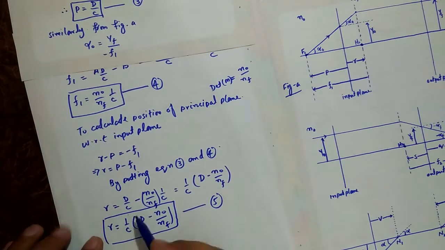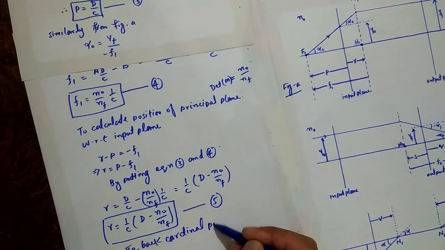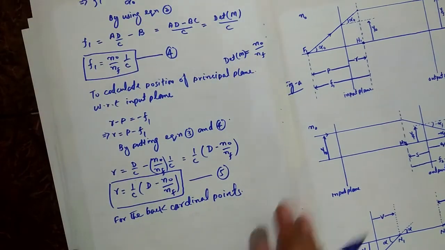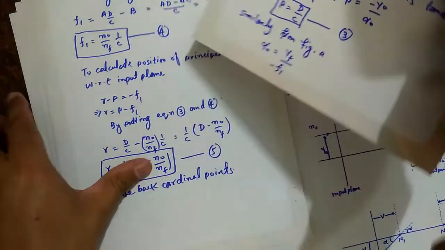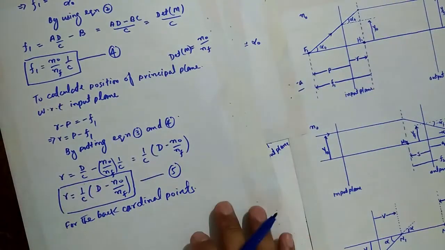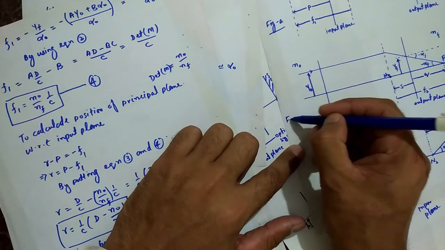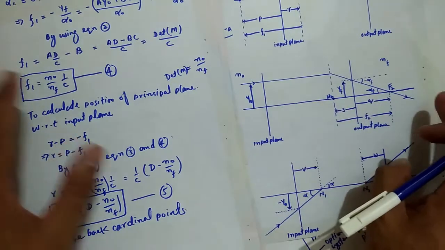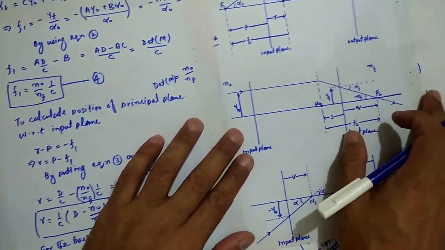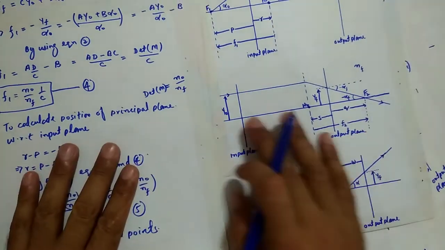So for the back cardinal points, therefore consider now the figure B. This is figure B. Because at the back side of the optical system the rays emerge. Clear? I hope you can see it.